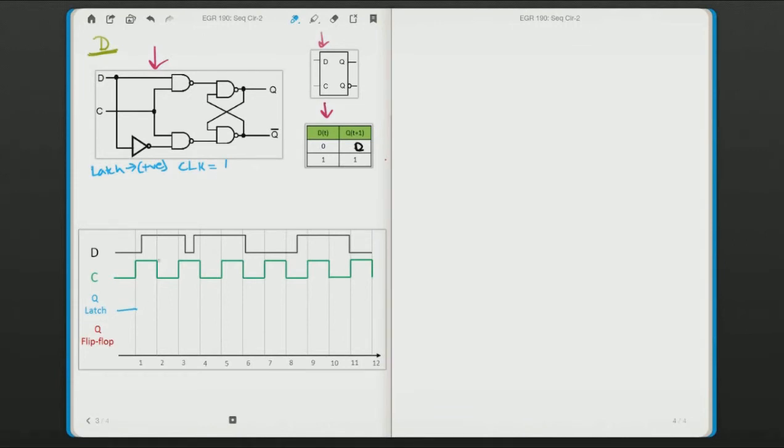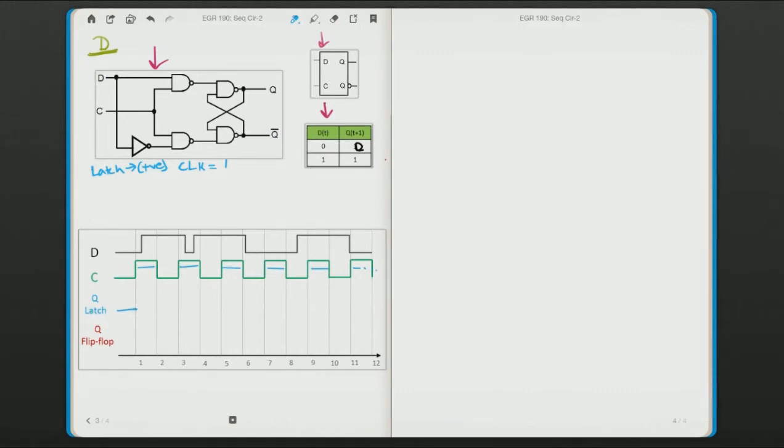So all you need to do is, during the time when clock is 1, which is during time 1 to 2, during time 3 to 4, during time 5 to 6, 7 to 8, and 9 to 10, and 11 to 12, whatever is the input D, it's just copied and pasted.